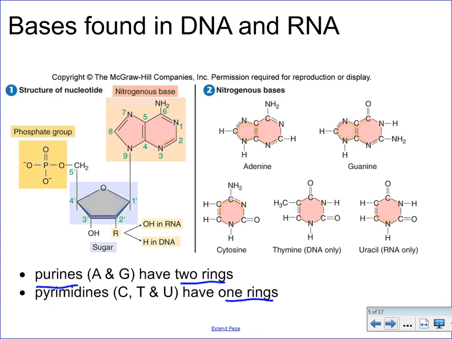The purines are adenine and guanine, and the pyrimidines are cytosine, thymine, and uracil. Just note that cytosine, adenine, and guanine are found in both DNA and RNA, whereas thymine is only found in DNA. The base uracil is found only in RNA.